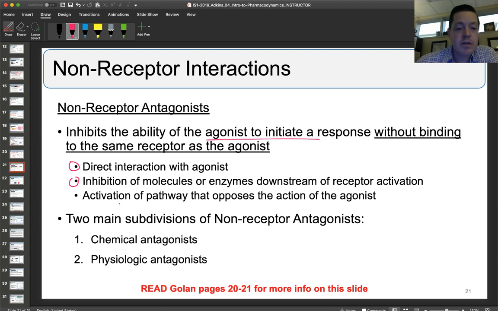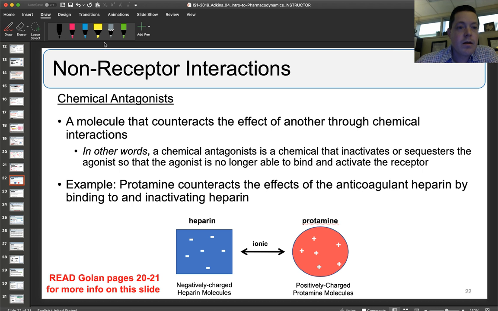So we could basically oppose the pathway or the action of that agonist, okay, without actually directly modulating that receptor itself. And we can do this through two different mechanisms of non-receptor antagonism, and that includes chemical and physiologic antagonists. But please definitely read that particular slide or that set of pages there.